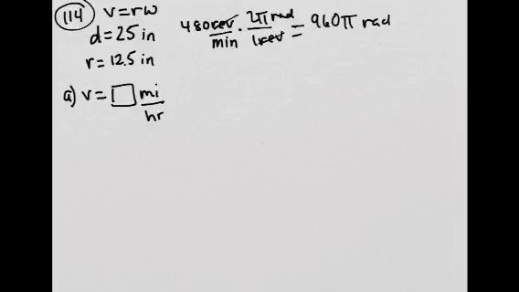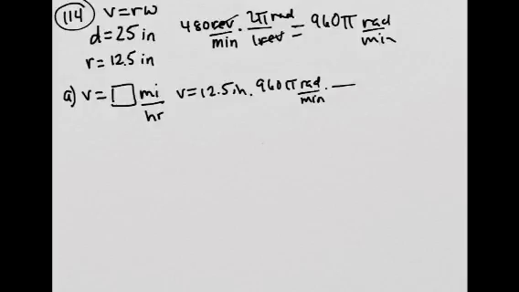radians per minute. Okay, so for velocity, it's r times omega, so we're going to multiply 12.5 inches times 960 pi radians per minute times, now we don't want inches per minute, we need miles per hour, so I'm going to convert the minutes to hours.